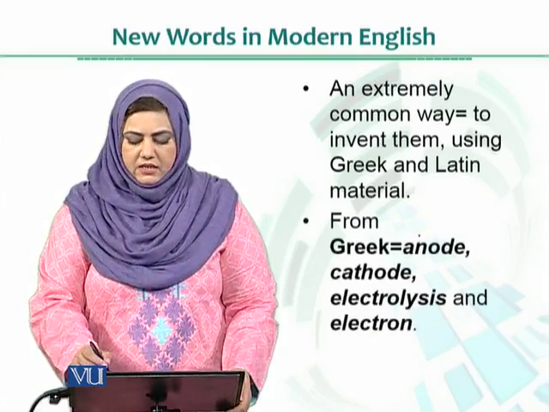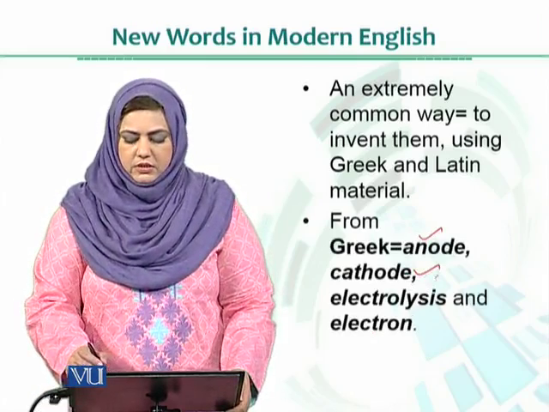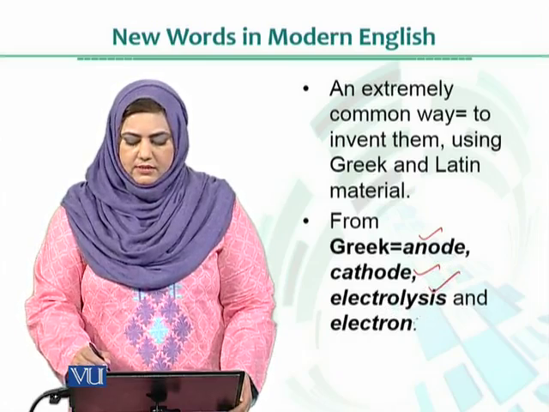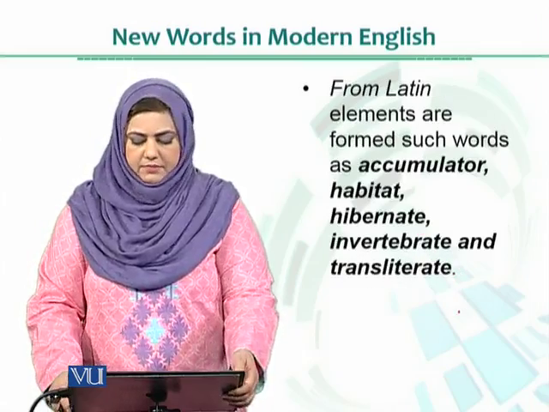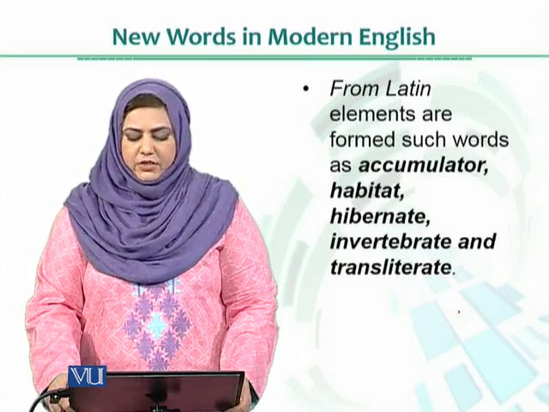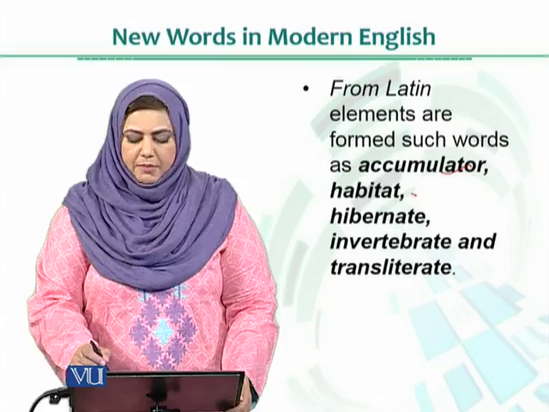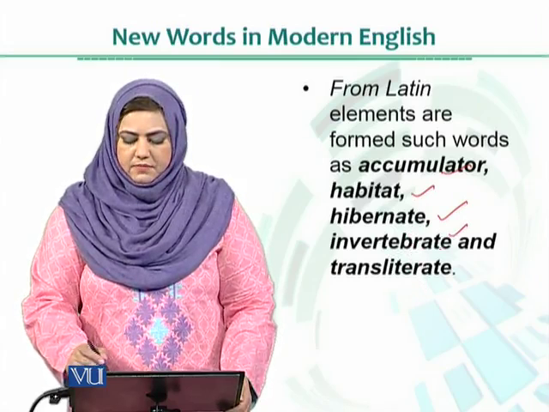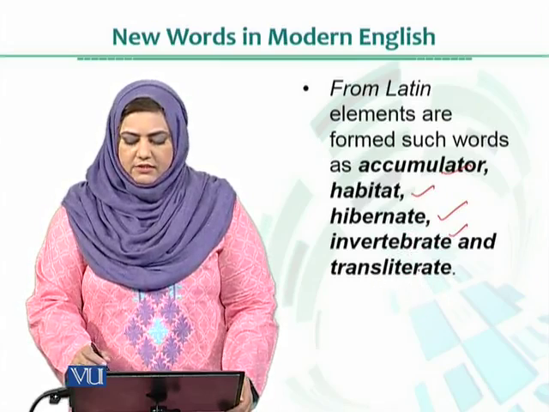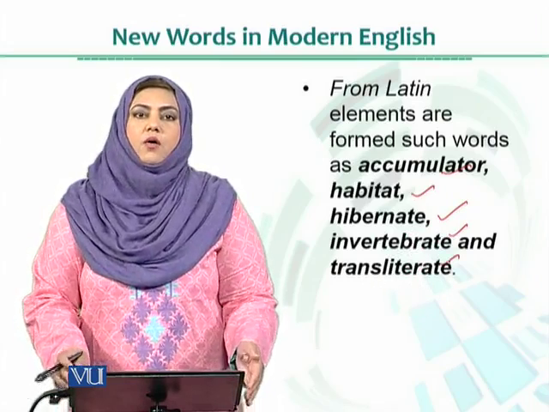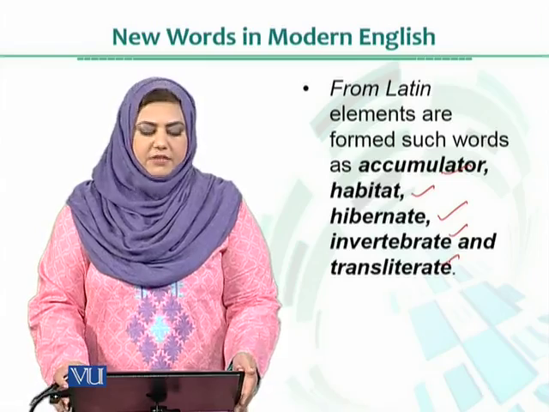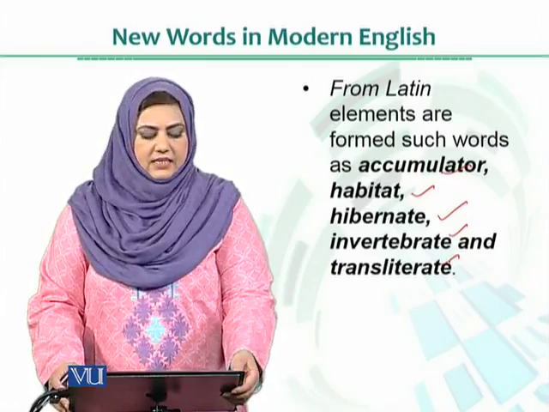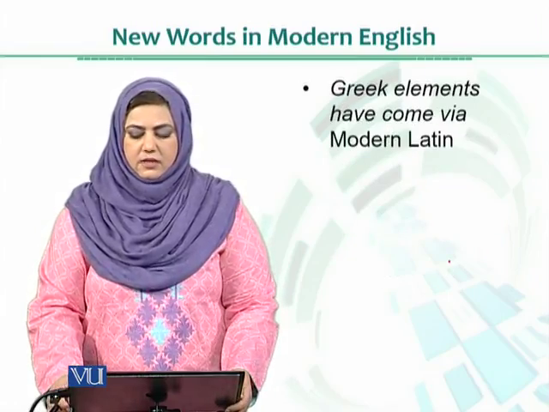So, from Greek, these words have origin: anode, cathode, electrolysis, electron, etc. From Latin, we have accumulator, habitat, hibernate, invertebrate, and transliterate. All these words that we use in our everyday language, a lot of them come from various Greek and Latin sources.